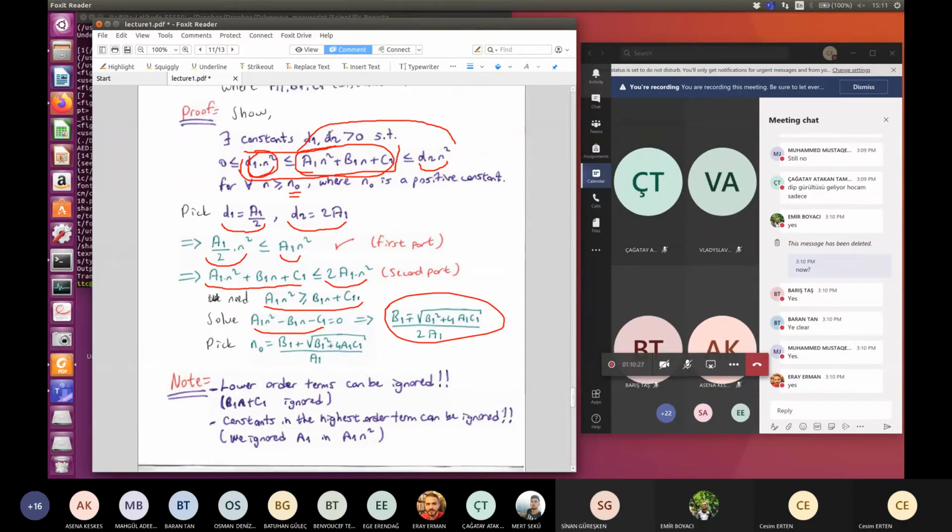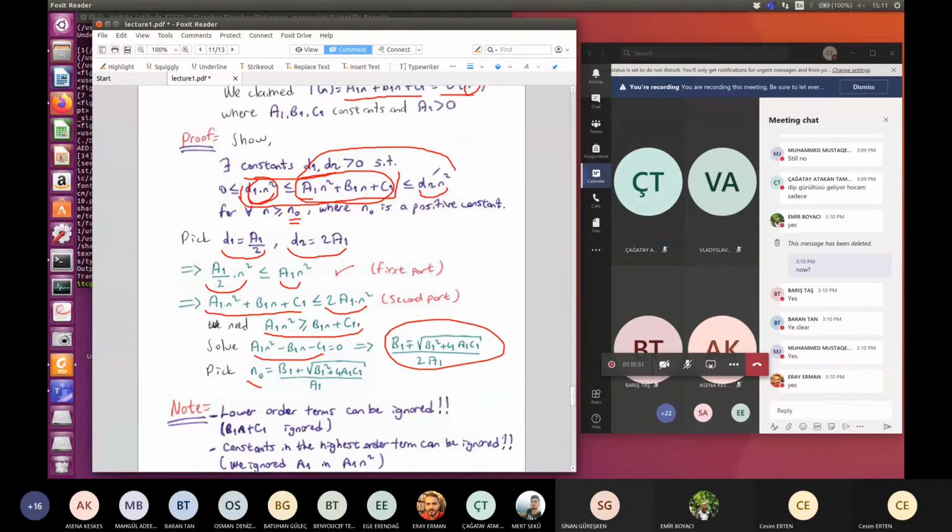So we found constants d1, d2, and starting point n0 such that our function f of n is greater than or equal to some constant times g of n, which is n squared, and also smaller than or equal to some constant times g of n, which is n squared.